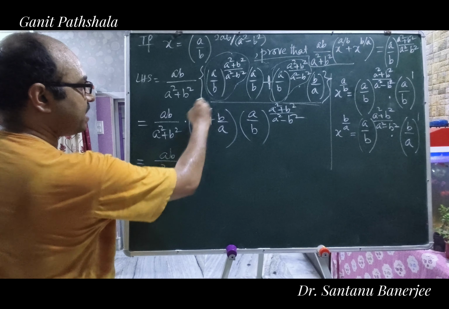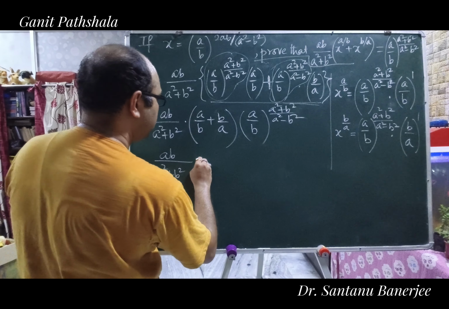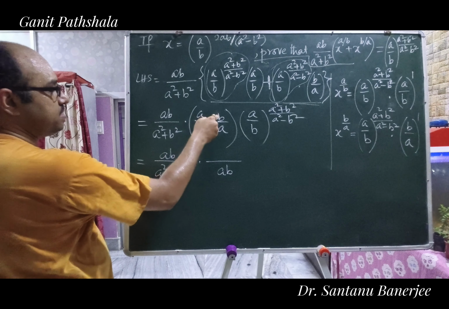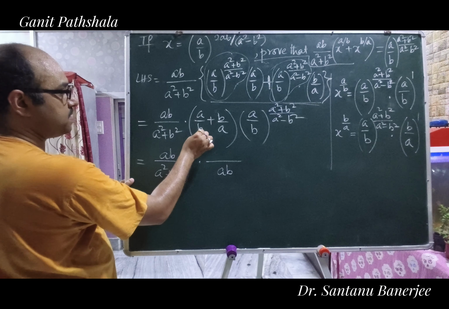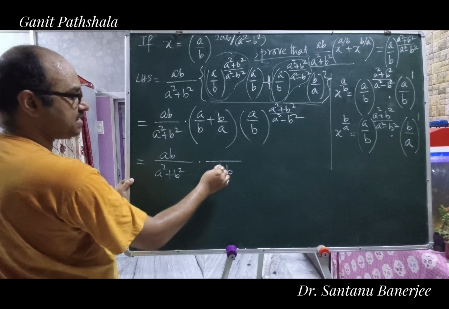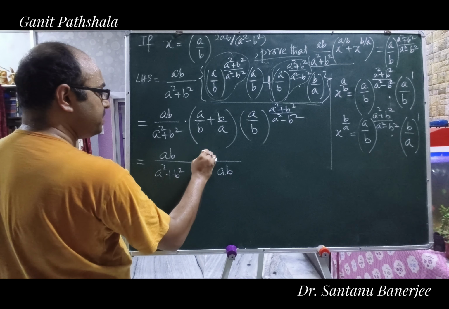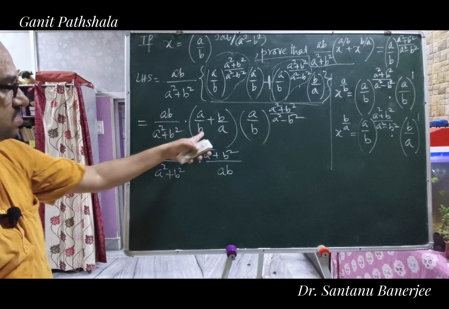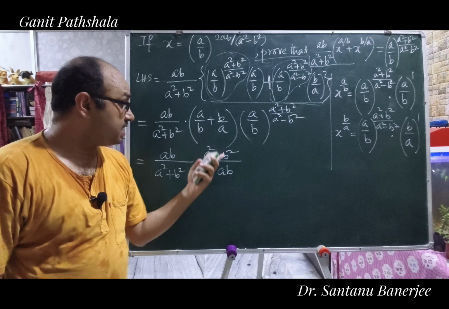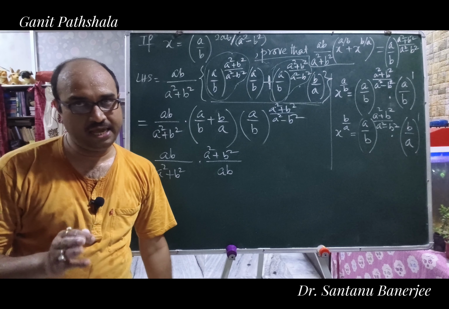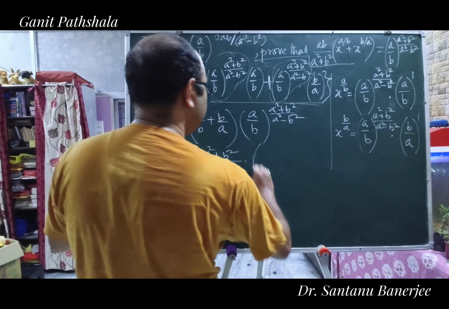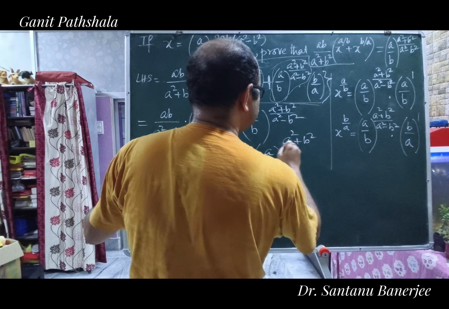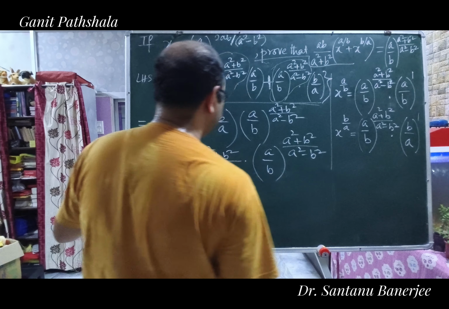Now you can do LCM over here into this. The LCM will be ab, and on the numerator part, if the LCM is ab, you have b over here, so it will be a multiplied, that is a square plus b square. Just do LCM over here and see what happens. It becomes a square plus b square by ab into a by b to the power a square plus b square by a square minus b square.